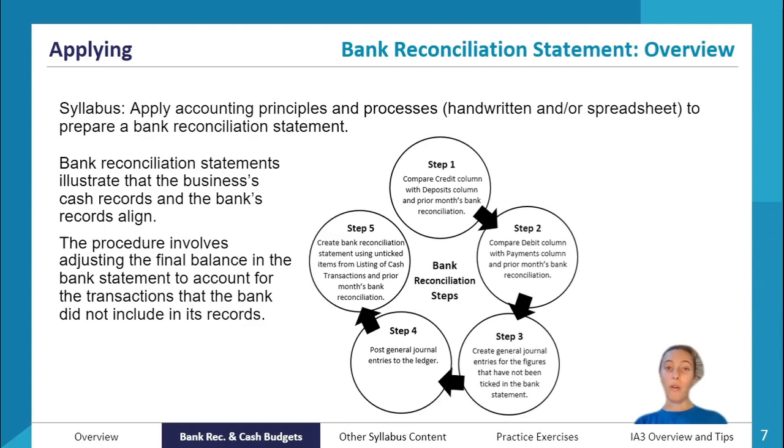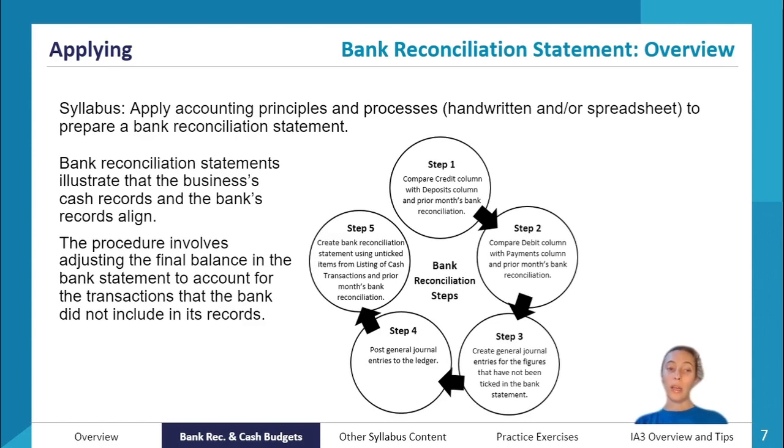So the whole idea of these statements is that they illustrate that the business's cash records align with the bank's records. So it's this checking idea where you want to have that consistency between the records of different organizations, and this procedure is going to involve ensuring that happens.